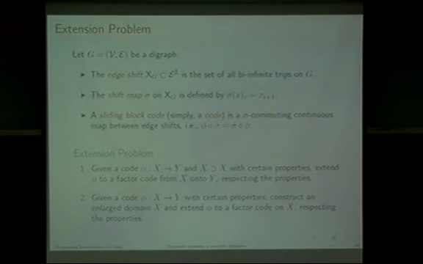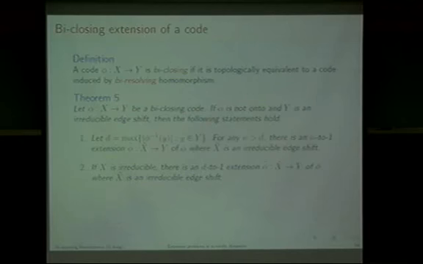We want to give some result about the extension problem using the graph theoretic argument explained in the first and second sections. So define the biclosing homomorphism. A sliding block code from edge shift X to an edge shift Y is called biclosing if it is topologically equivalent to a code induced by a biresolving homomorphism.